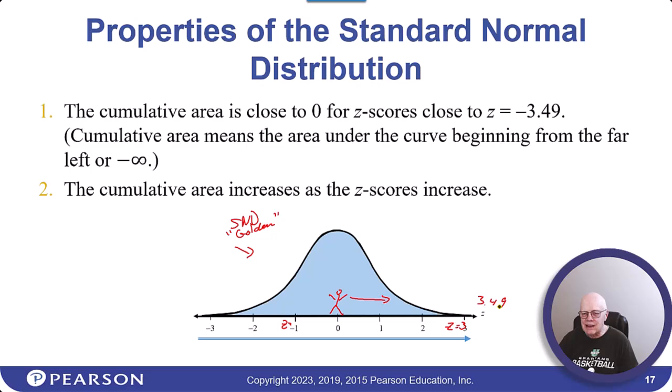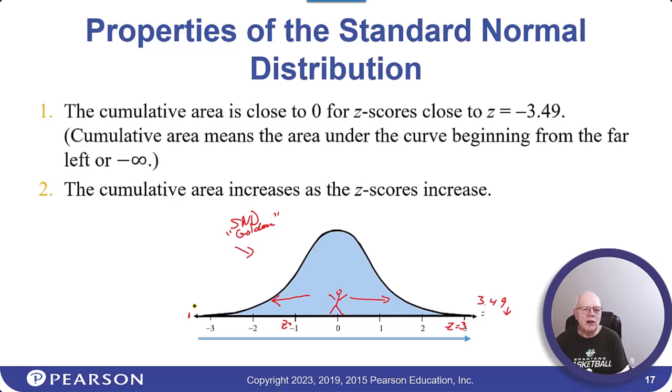You won't see much of anything to paint back here. And the same thing happens if we go in the other direction. Once you get to about 3.5 or 3.49, there's almost no area under the curve. So for all practical purposes, you probably don't need to do any more painting.